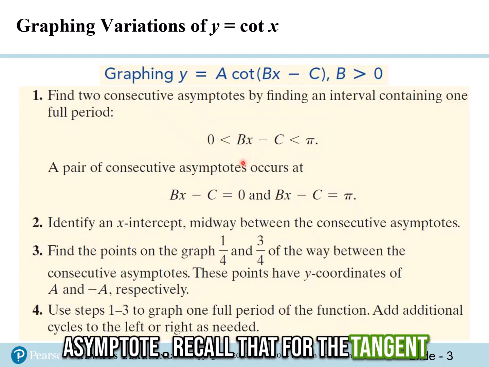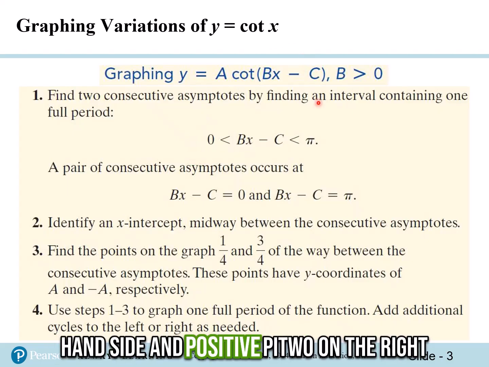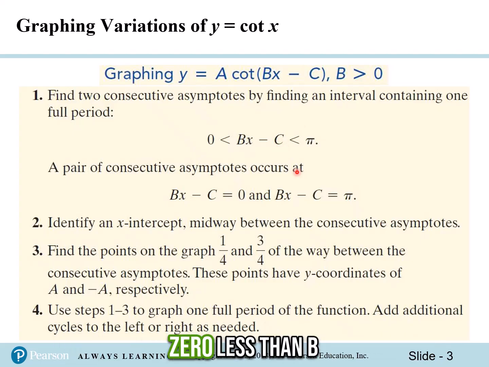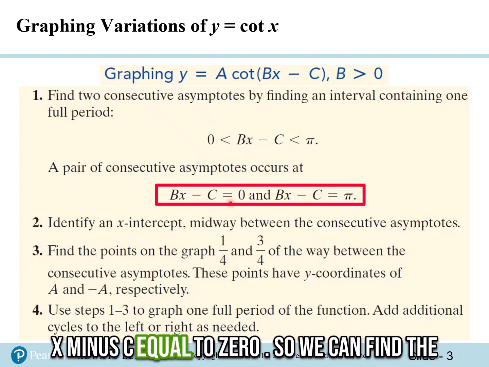Recall that for the tangent function, it was negative pi over 2 on the left-hand side and positive pi over 2 on the right-hand side. For the cotangent function, it's 0 less than bx minus c less than pi.